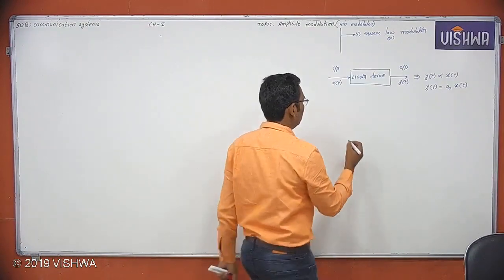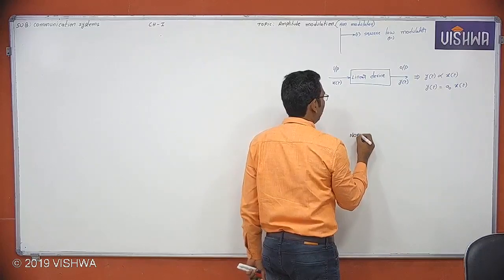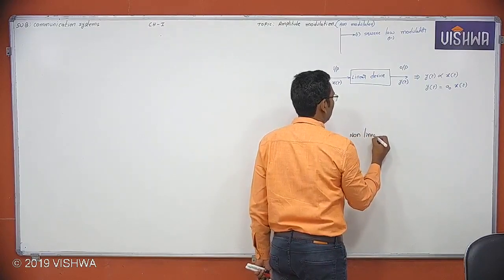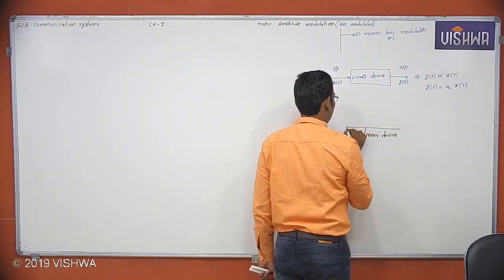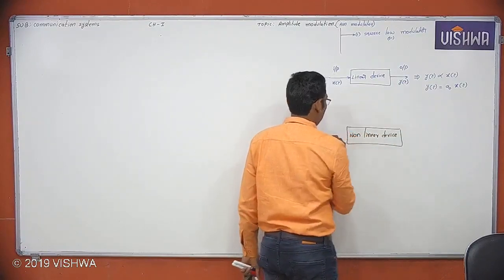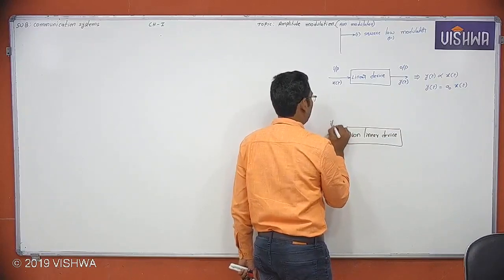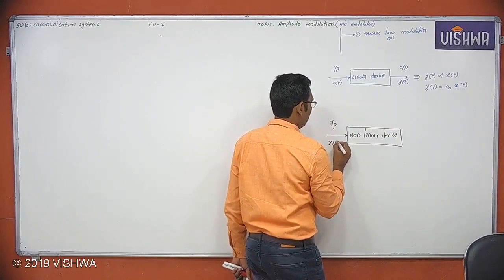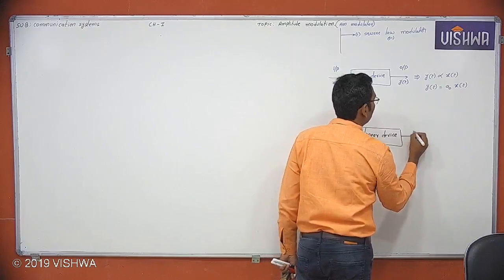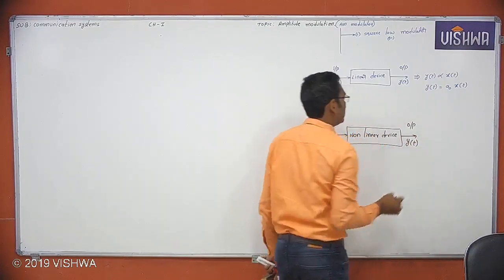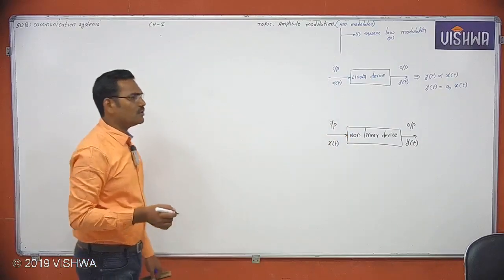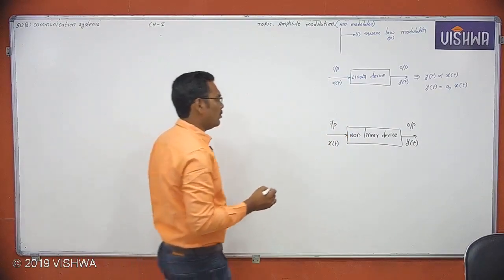This is a non-linear device. This is input x of t, and this is output y of t. This is a non-linear device, producing non-linear characteristics and harmonics.